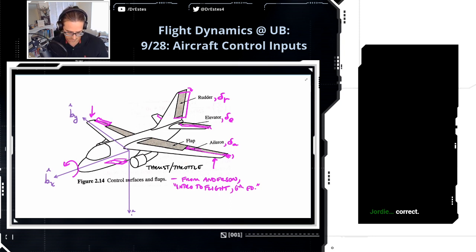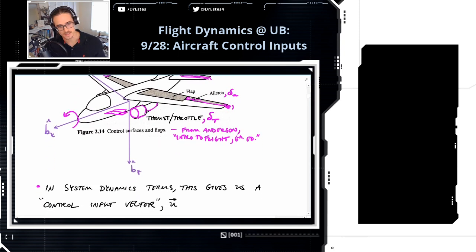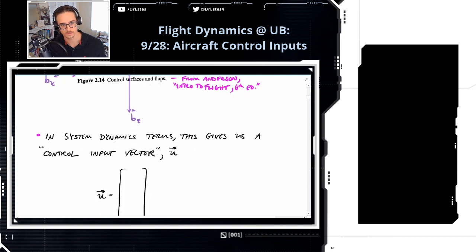And then, either through a propeller, an engine of some sort, we can generate thrust. And the throttle setting we're going to call delta sub T. So in this class, we're going to deal with these four primary control inputs from our perspective. So in system dynamics terms, this gives us a control input vector.